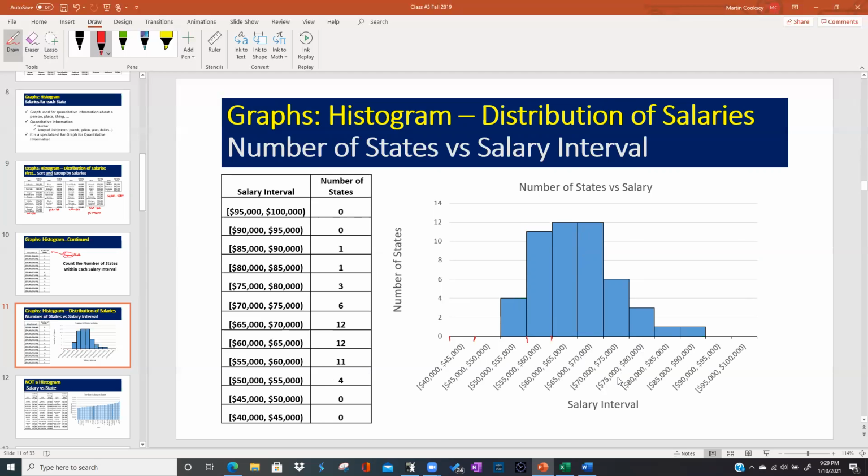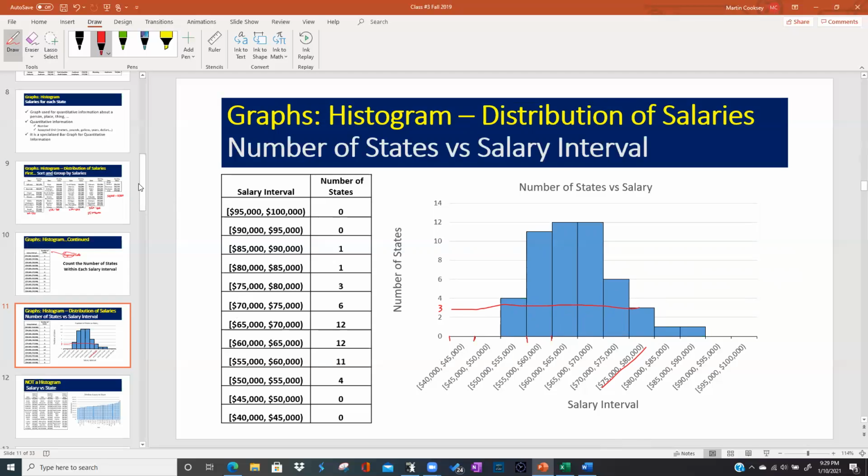And from 75,000 to 80,000, right here, I'm going to come up here and go across, and that's going to be 3. There's an unsaid 3 here, and it's right in the middle. So this is how you read a histogram.